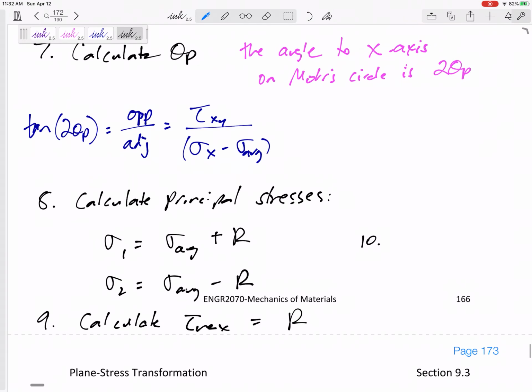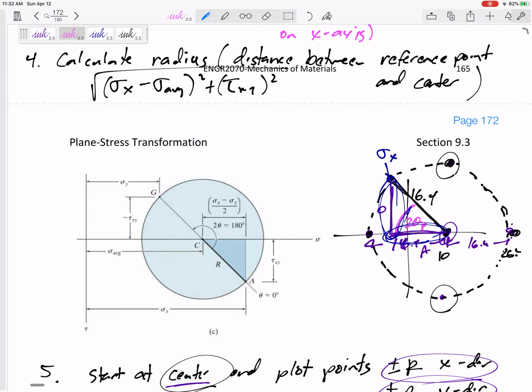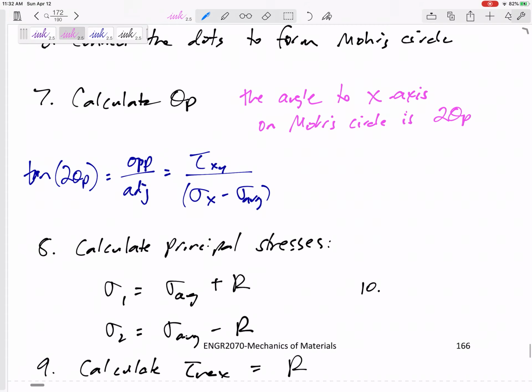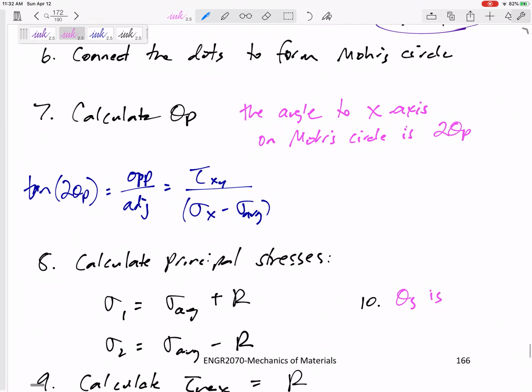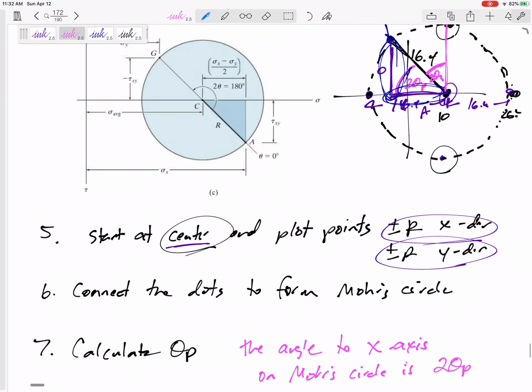And theta S is in Mohr Circle too. Where is it? 2 theta S would be the distance to the vertical.